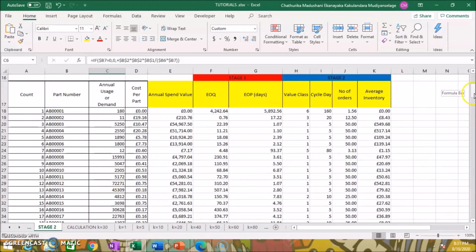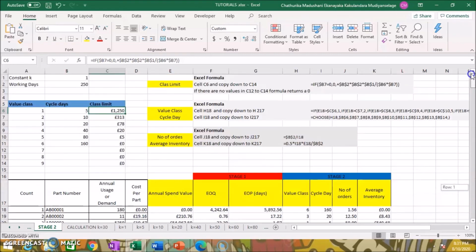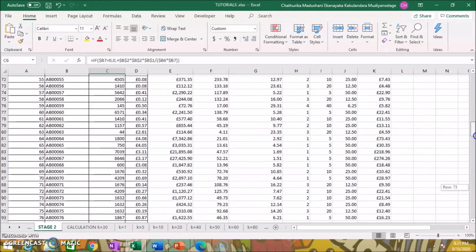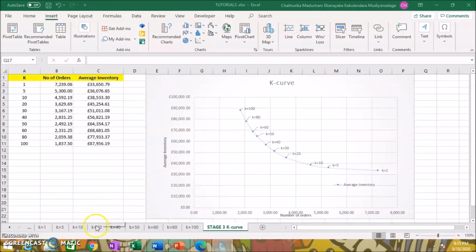So we calculate the number of orders and average inventory, the total for all of the k values. After finishing calculating the number of orders and average inventory, the total for each value of k, we can come up with a table like this.